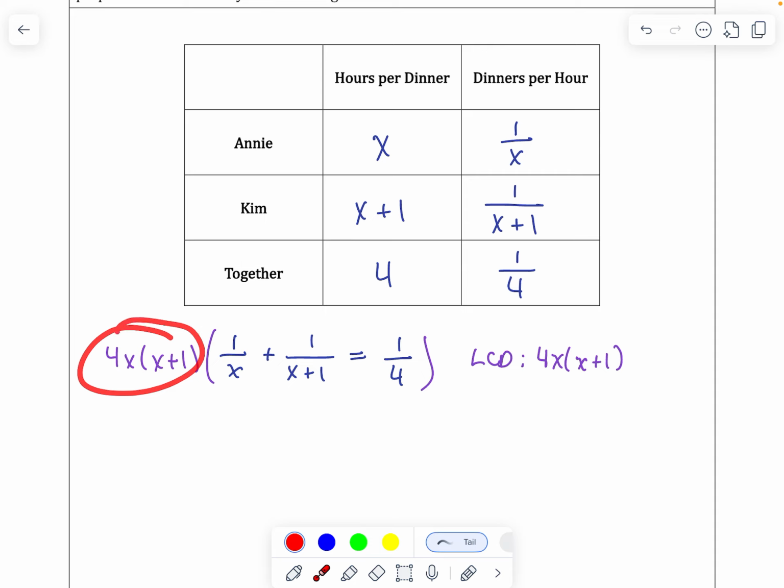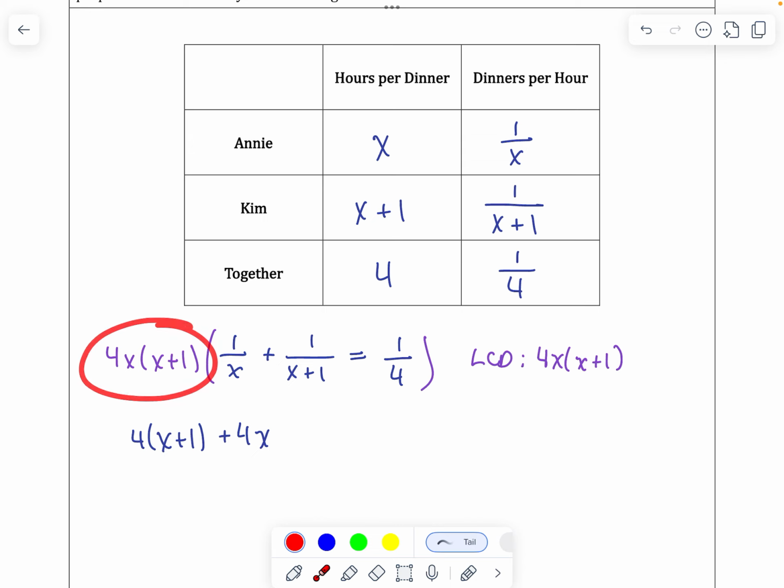When I multiply this by the first fraction, the x's will cancel out, which leaves behind 4 times x plus 1. When I multiply the LCD by the second quantity, the x plus 1's will cancel out, which just leaves behind 4x.